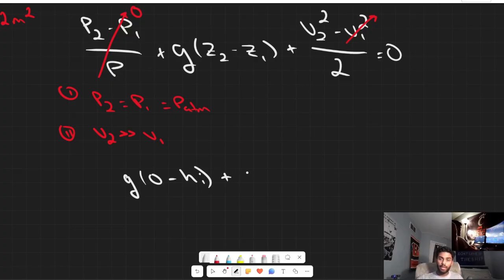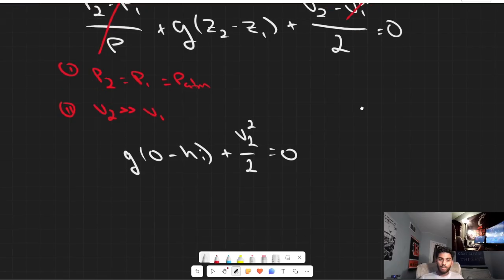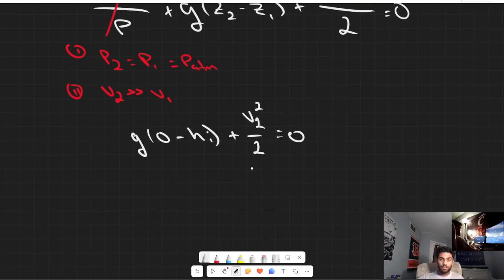And then we're going to add V2 squared over 2 equals 0. Now let's put this term on this side. V2 squared over 2 is equal to minus G times H. So if we put it on this side, it'll just be G times H.